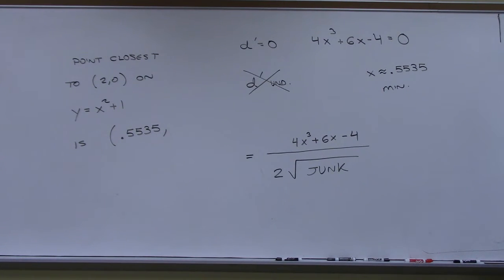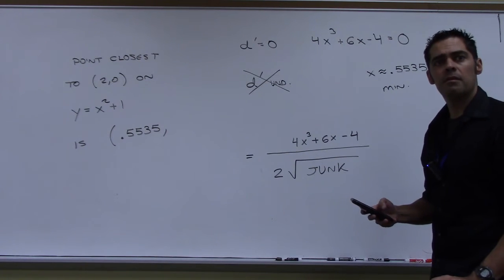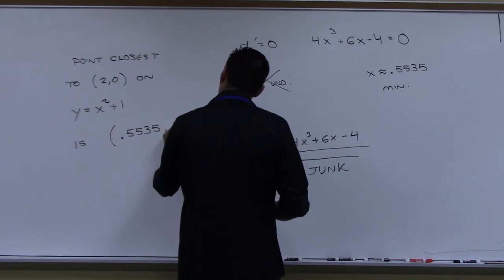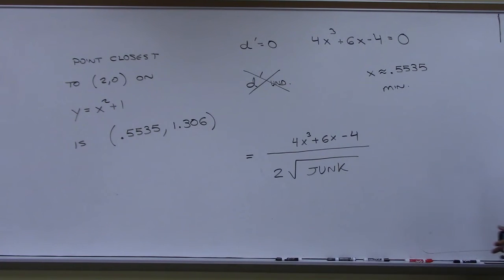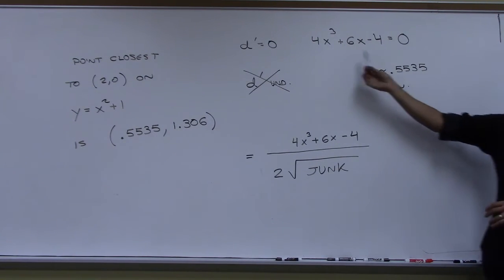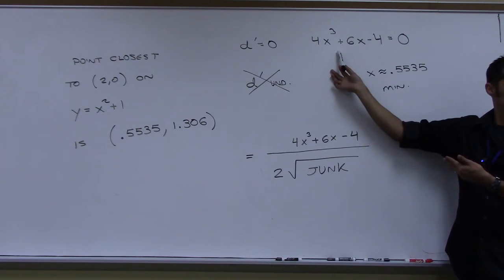Plug 0.5535 into the function. 1.306, yeah? 1.306. Questions? I mean, I understand I had to kind of wave my hands at that and say we can't do that. But if that had turned out to be like a quadratic, you could have done this, yes? All right.